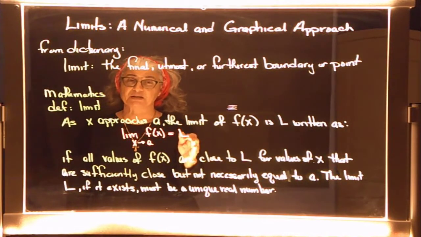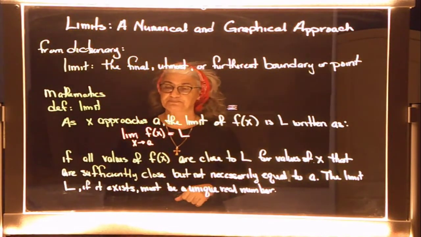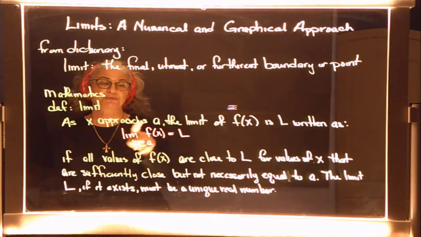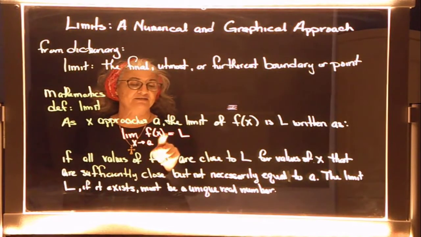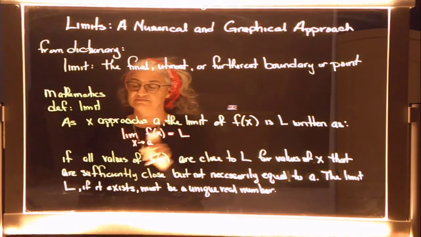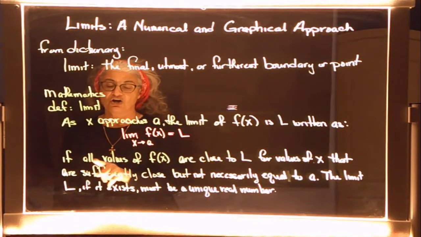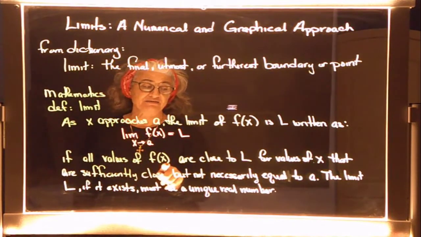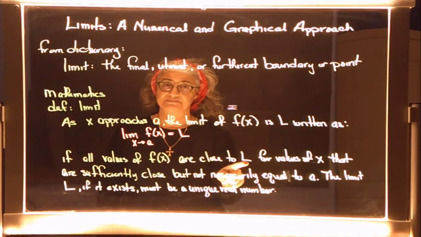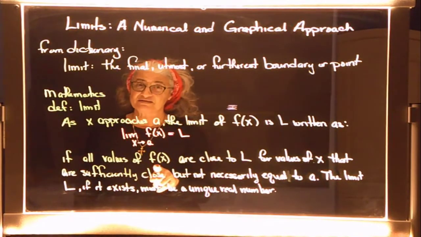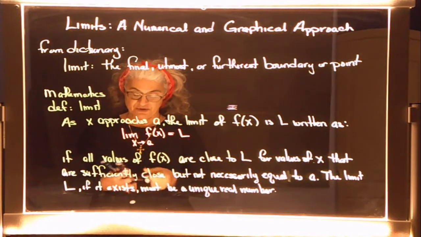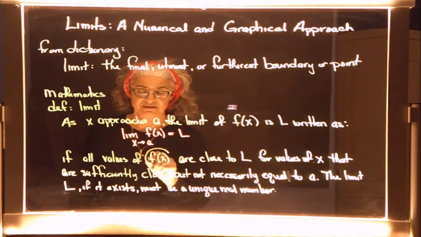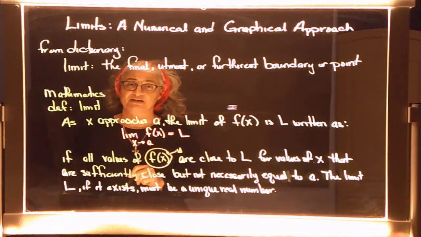Okay? Let me continue with the definition. So, as x approaches A, the limit of f of x is L, if all values of f of x are close to L. f of x is another notation for y, isn't it? So this is representing a y, isn't it?